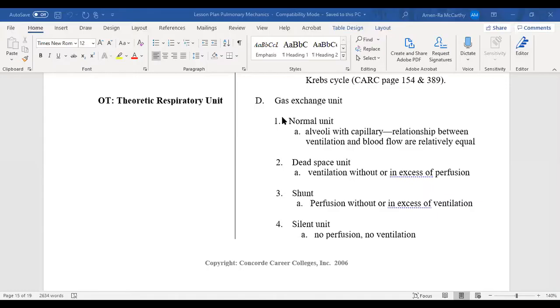It's still a dead space unit because the ventilation is way more than it should be relative to perfusion. All right. So the proper definition is dead space is ventilation without or in excess of perfusion. Shunt is perfusion without or in excess of ventilation. And then the silent unit is simply no perfusion and no ventilation.